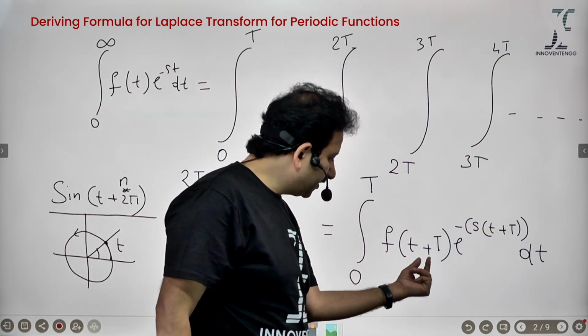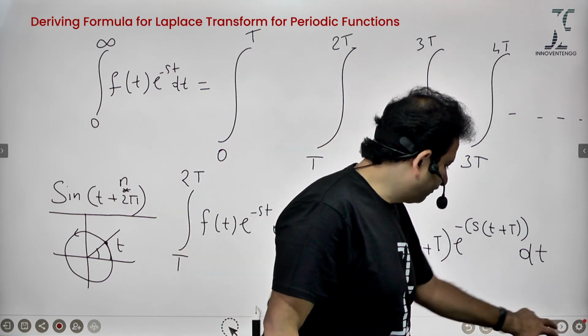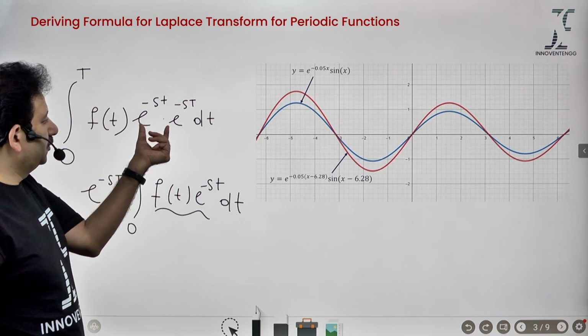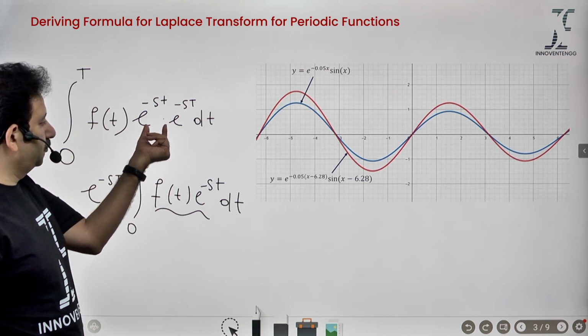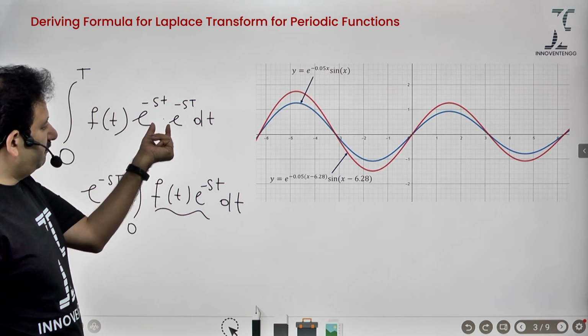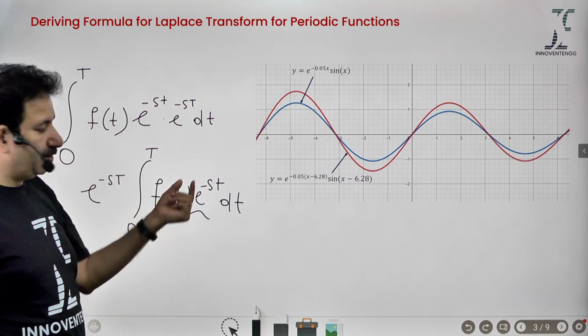and this becomes f of t, and this exponential function gets split into these two components. They multiply each other, because when you have two exponential functions and multiply each other, the powers get added, commonsensical, right?